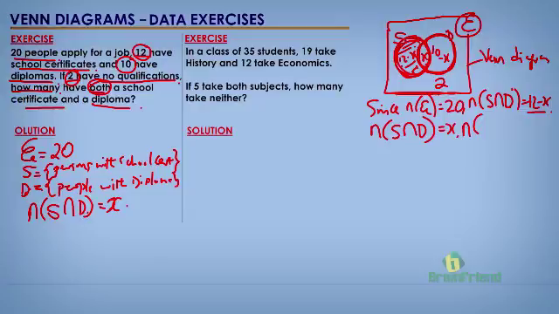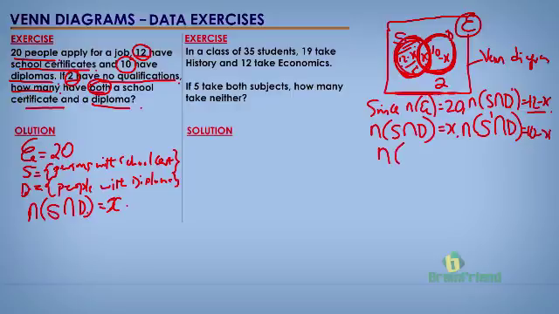Next, the cardinality of our region here is S prime intersection D. That is the complement of S, which is all of this region outside of S, and the intersection of this portion D would give us this portion. So we'll have that as 10 minus X as indicated on our Venn diagram.